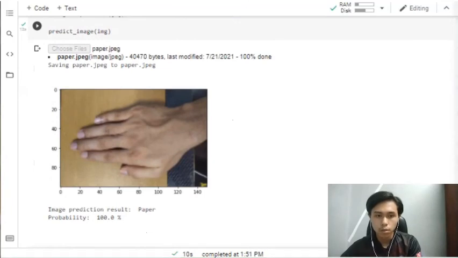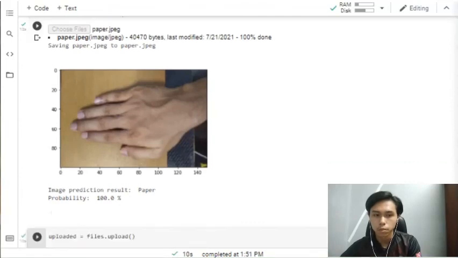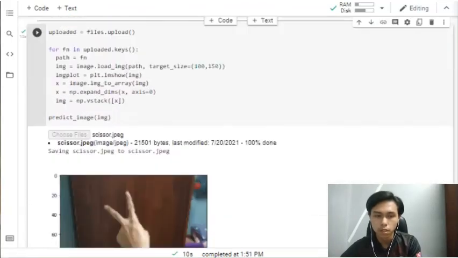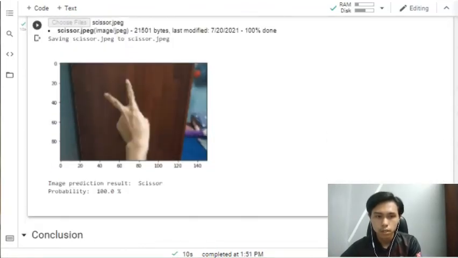Next, we try to predict the paper, which has a probability of 100%, and scissors with 100%.